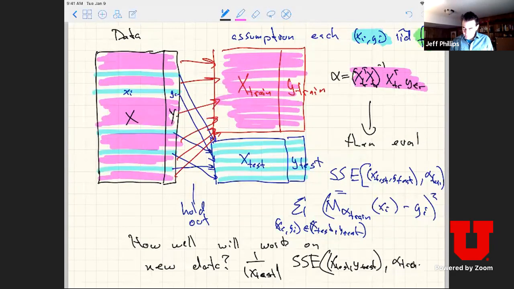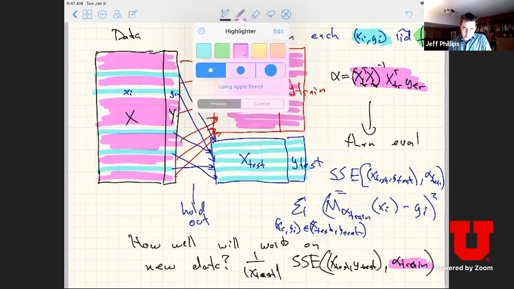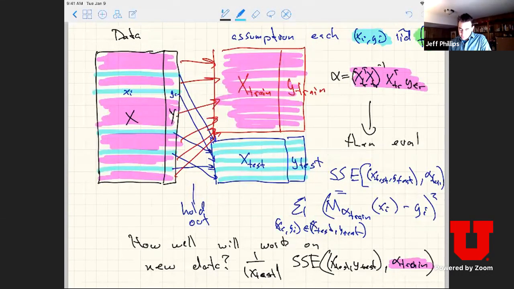So what's going on here is I'm going to use this model I've trained on the training data, and then I'm going to evaluate it on this test data. This is exactly this expression here. So I use the model from the training data and evaluate on the test data.